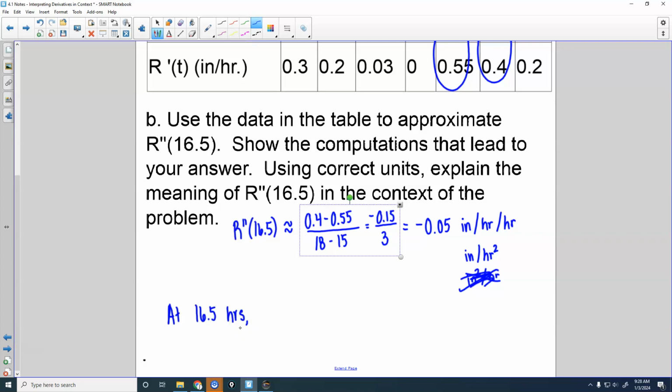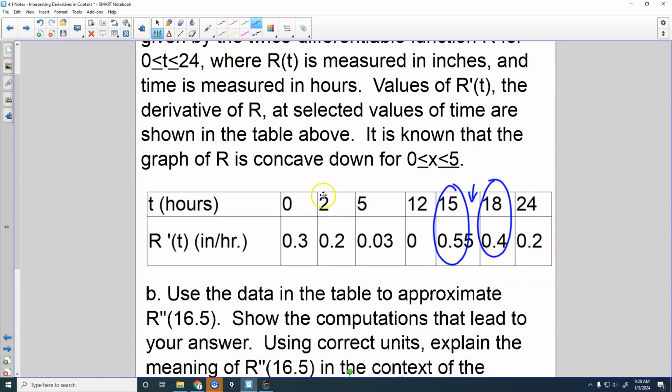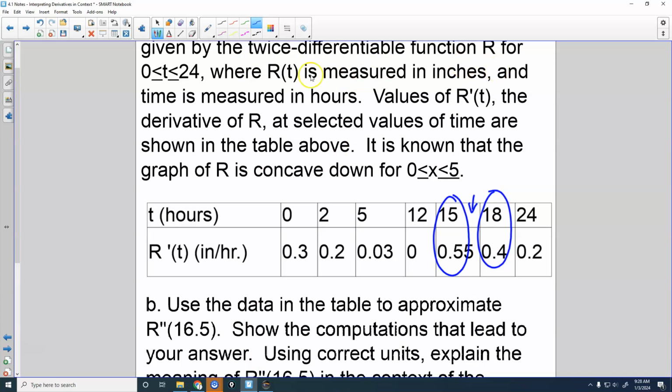What is happening there? Okay. What is decreasing? No. The amount of water is actually increasing. Because R is our amount of water, right? R is measured in inches. That's our amount of water in our rain gauge.